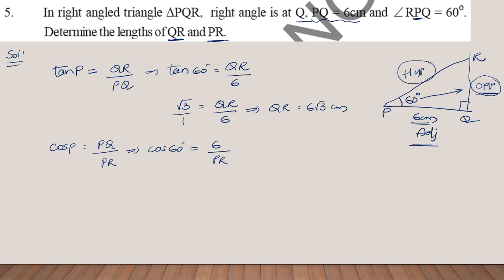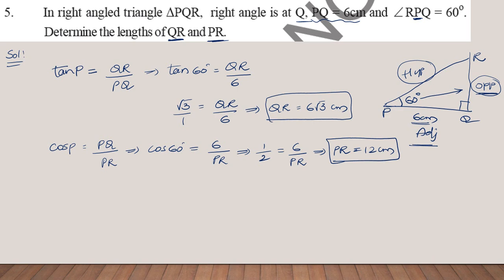I need to find it out. What is the value of cos 60? So cos 60 degrees is 1 by 2. So 1 by 2 is equal to 6 by PR. On doing cross multiplication, PR is equal to 12 centimeters. So I got the values of PR and QR here, right? So likewise you can find it out. Otherwise by Pythagoras theorem also you can clearly answer it.